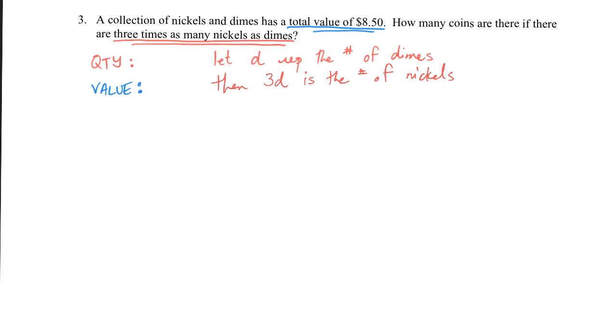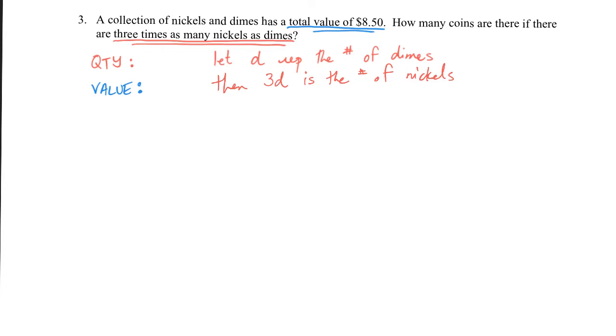So if D is my number of dimes, then my number of nickels must be 3 times that amount. I just used my red underlined statement to create my let and my then statement. Now I'm going to jump up and use my blue part of my sentence to build my equation.